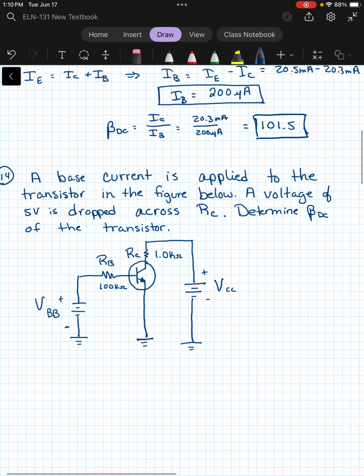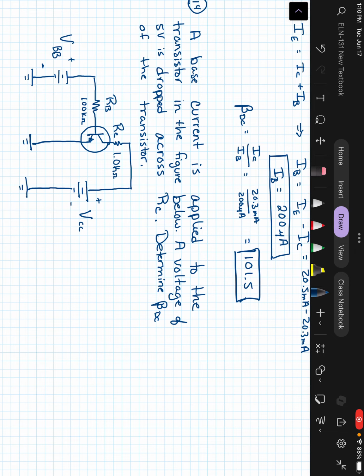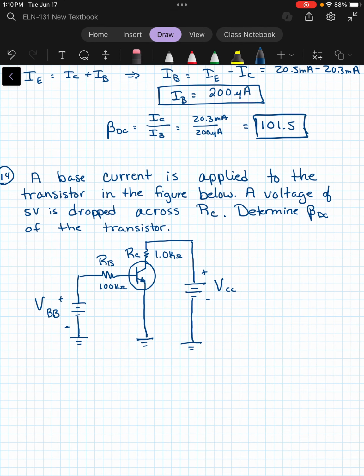Okay, let's move on to a different type of problem. Actually, this is asking for the beta as well. So we know we're going to need the base current, and we know we're going to need the collector current as well. So let's determine how we're going to find that. So we have a voltage of 5 that's dropped across RC.